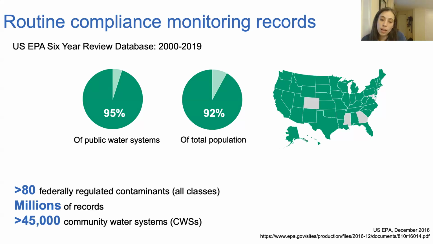So we've web scraped a lot of those records and been able to append what's available and extend our available dates past 2019. Again, for all regulated contaminants, millions and millions of records. So this is a big data challenge. And almost all community water systems are represented here, including tribal water systems.